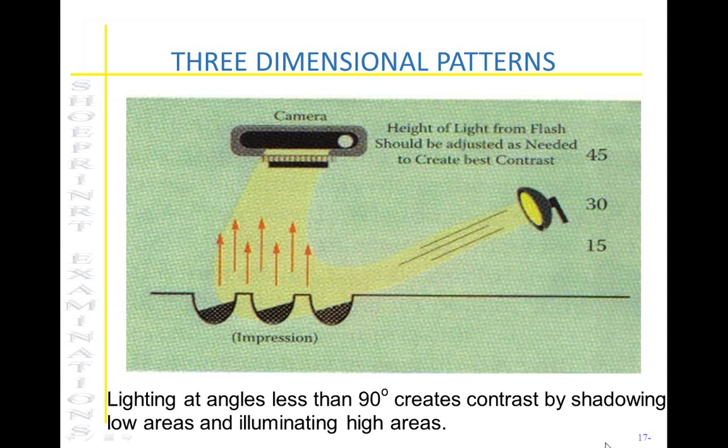But with three-dimensional patterns, you need to have the light adjusted at angles so that you can create a shadowing or a contrast to the low areas and the higher areas of the print itself. But once again, you always want the camera to be directly above the print.